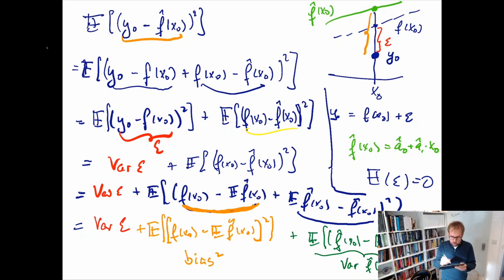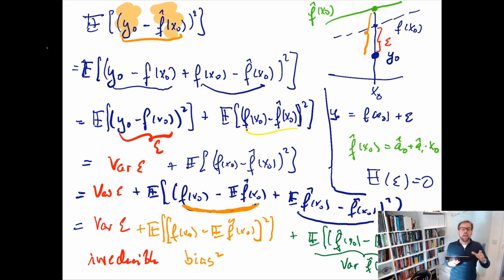And just recall that the first term is also called the irreducible error. So I have decomposed my error, which is the difference between the true observation and my prediction.